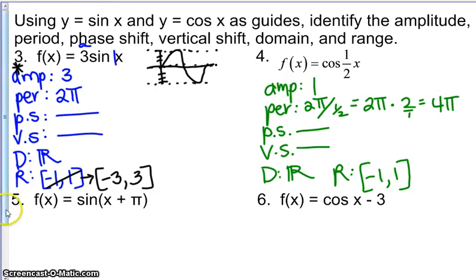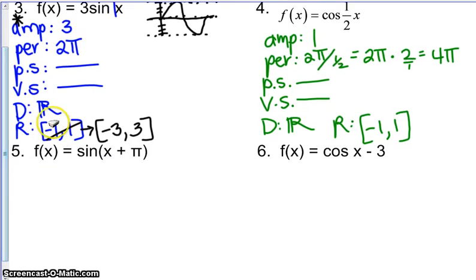All right, for number 5, our amplitude is going to be 1 from A. Our period is going to be 2 pi divided by 1, which just gives us 2 pi. Whoops, that's pi. Our phase shift, this time we do have parentheses.